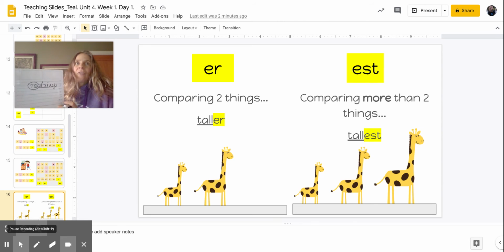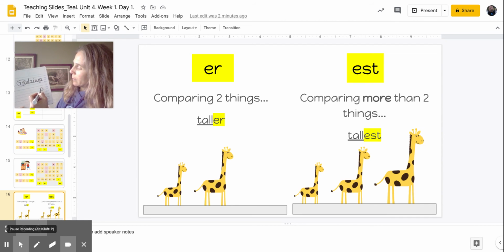Now let's say a dog is quicker than a cat, but a cheetah is the quickest of all of them. So let's tap out our base word quick again. Quick. And now we're going to write quickest.